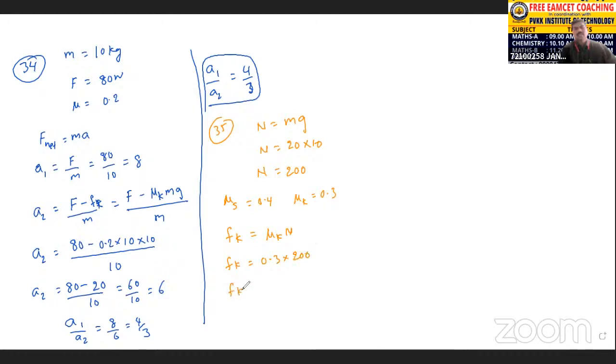So Fk is equal to 60 Newton. Yes, the third option is correct. Okay, next problem.